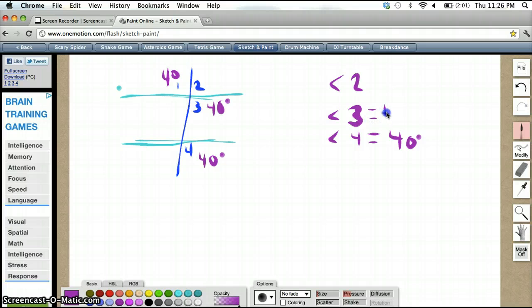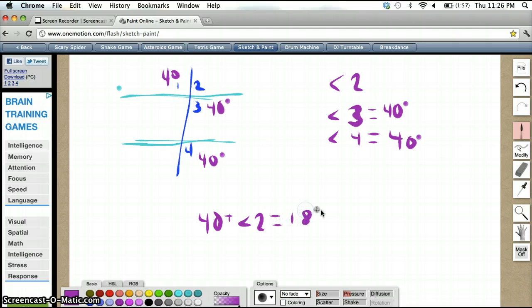Now angle 2 and angle 1 are supplementary angles, which means they form a straight line, so they equal 180 degrees. Angle 1 is 40 degrees plus angle 2 equals 180 degrees.